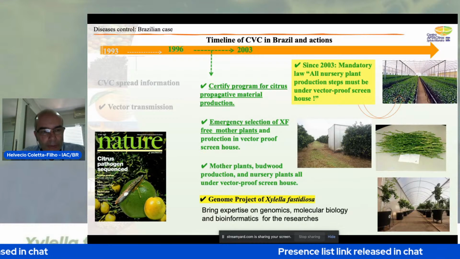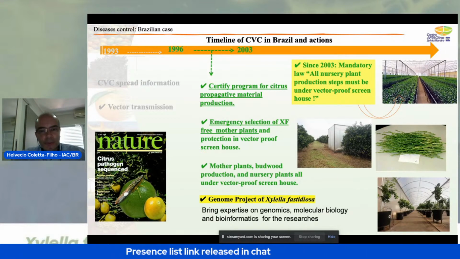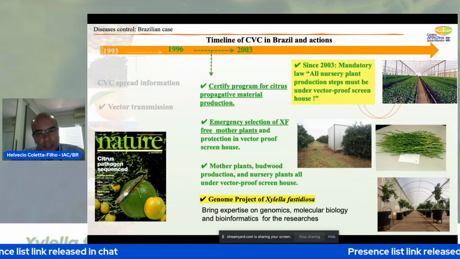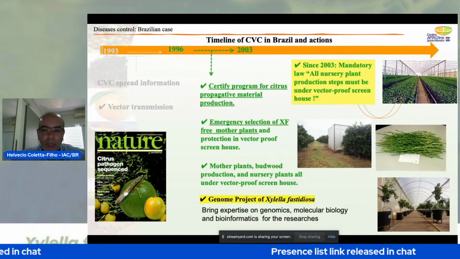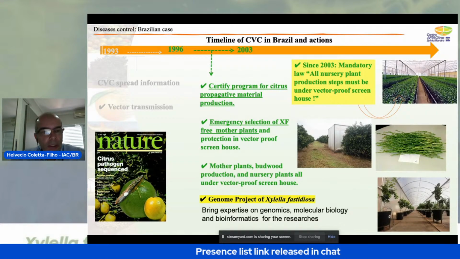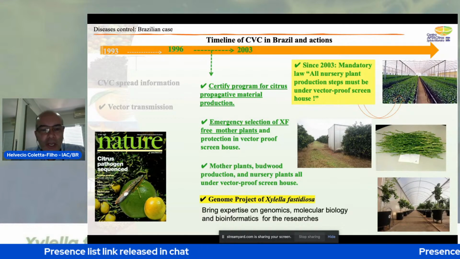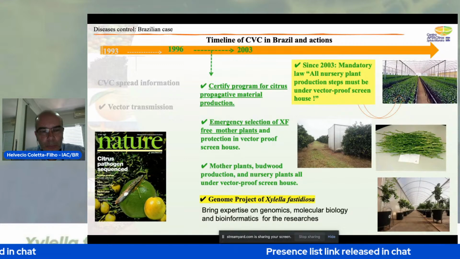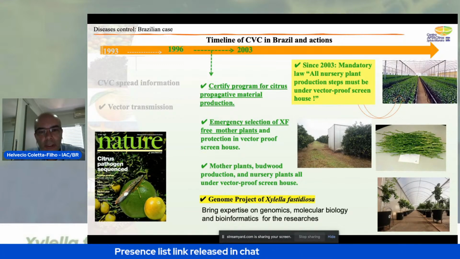It was quite important because it brought to citrus research expertise in genomics, molecular biology, and bioinformatics, opening new horizons for citrus research.